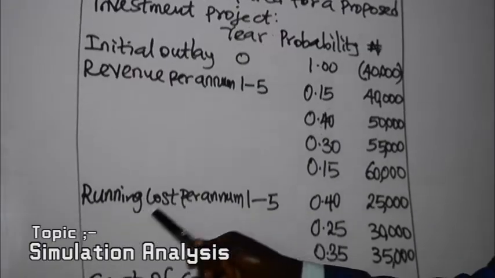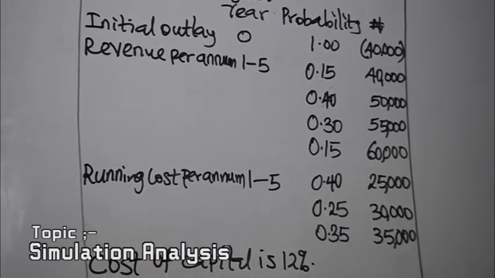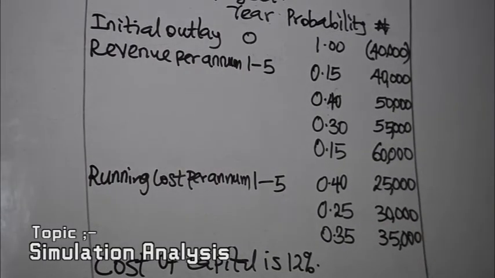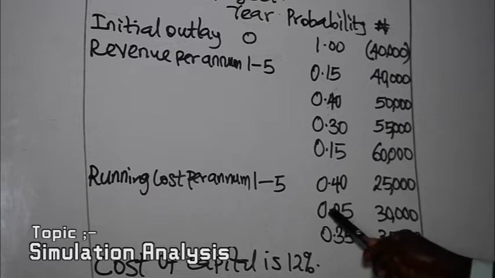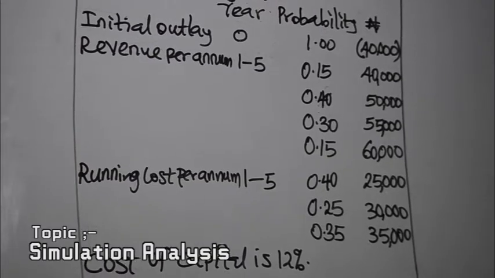We equally have the running cost per annum for year 1 to 5. At the probability of 0.40, the running cost is 25,000 naira. At the probability of 0.25, the running cost is 30,000 naira. And at the probability of 0.35, the running cost is 35,000 naira.